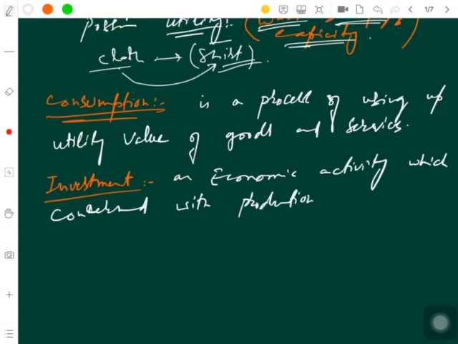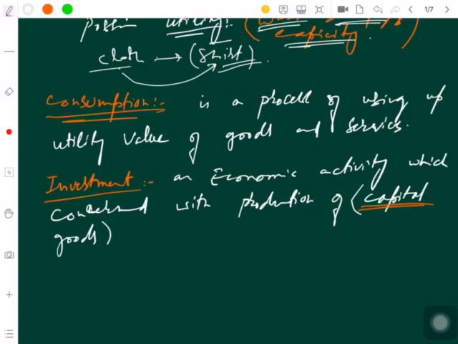See, I am using the above said word, production of capital. For the time being, keep in mind, capital is anything in the form of money or money's worth. A machine we have, it has got a worth, it is capital. So proceeding with the definition, an economic activity which is concerned with the production of capital goods. Now you must be saying, oh, we were talking about the goods only. Now we are talking about the capital goods here.